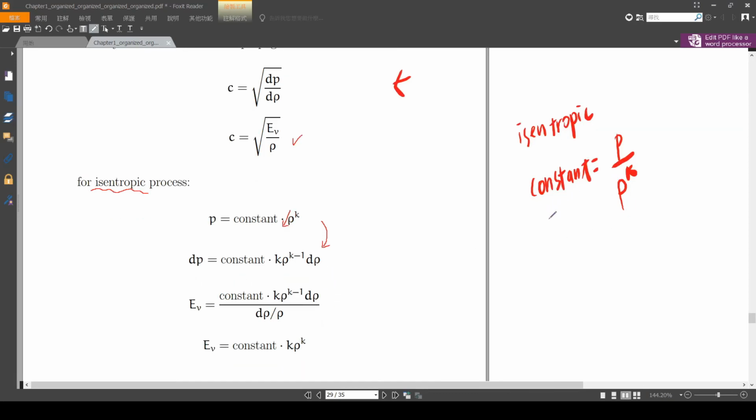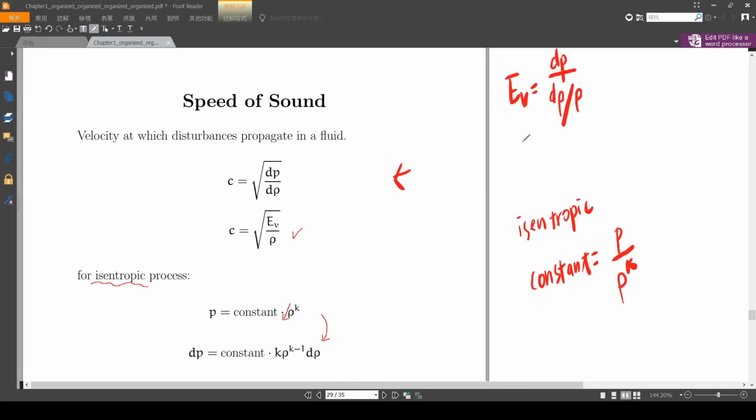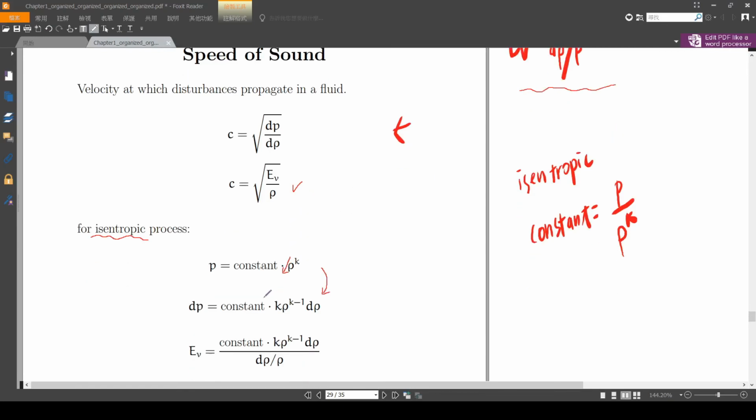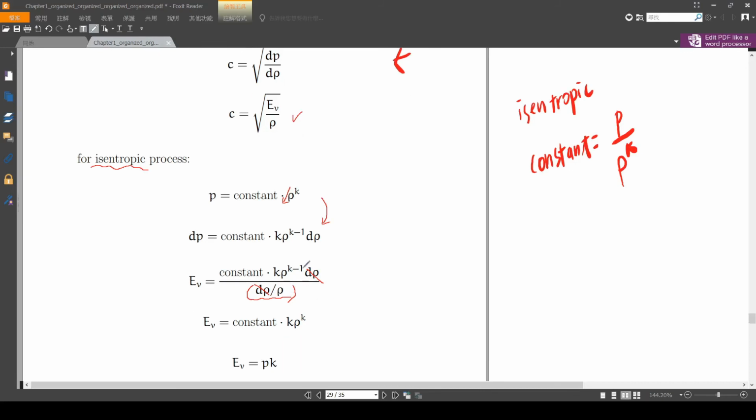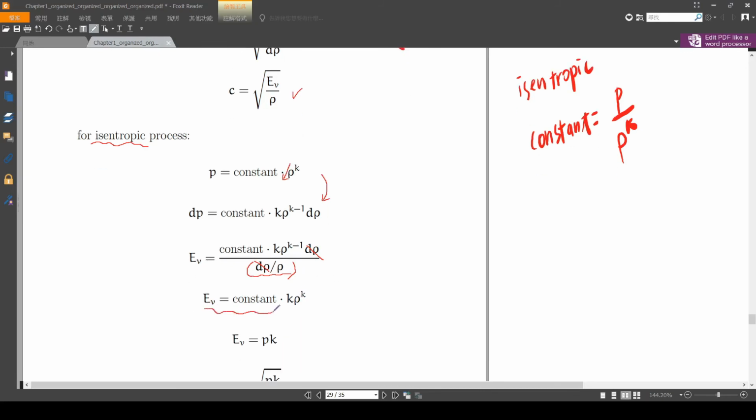And then because we have our relationship here, the bulk modulus will equal dp times density divided by d density. So put this back, and then we could just do some math. Then you will find that eventually it will look like this.